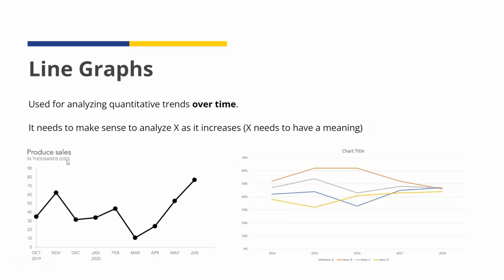And then line graphs are most useful for time series data sets, things where there's some sort of trend or change over time that you want to show. As you can see here, sales over time would be reflected, in this case, on a monthly basis. And you can see the fluctuations in quantity from there as well.